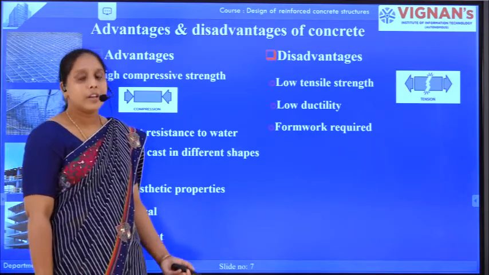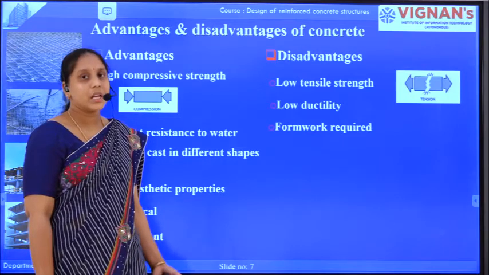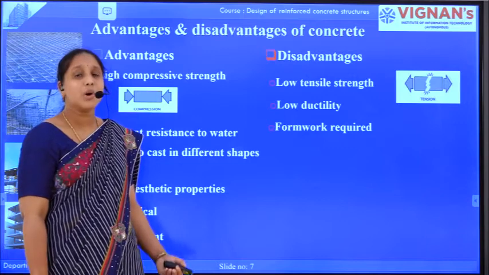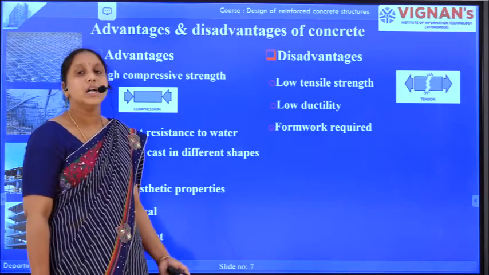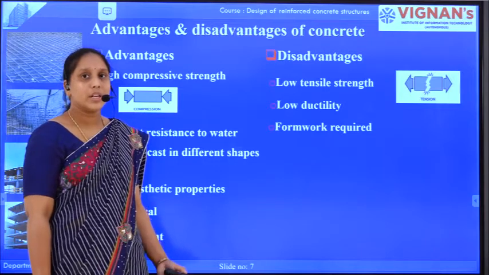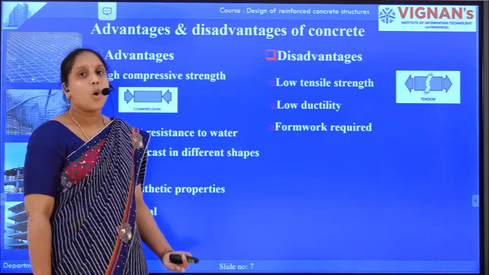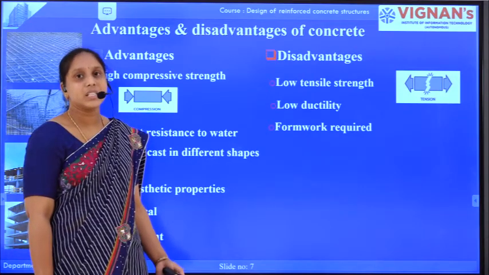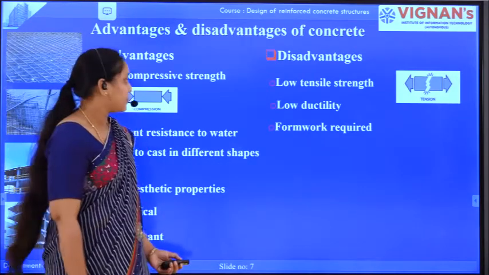If you want to cast any structural element, it might be a beam or a slab or column or footing, formwork is required so that the concrete can be held to the desired shape and size until it gets sufficiently hardened.